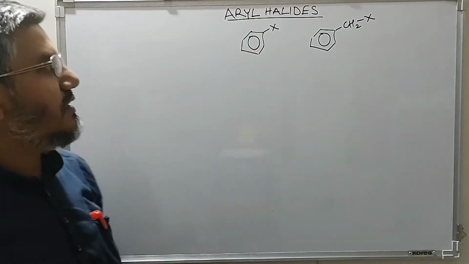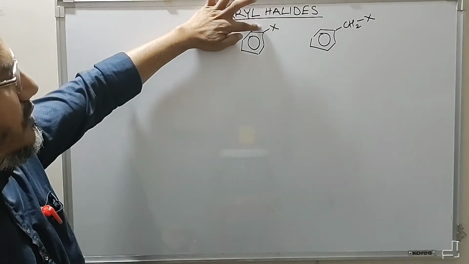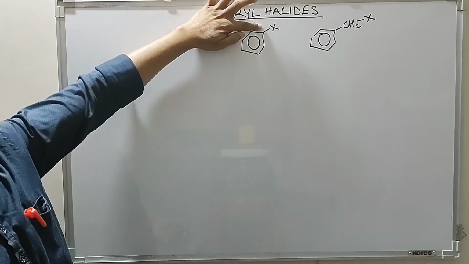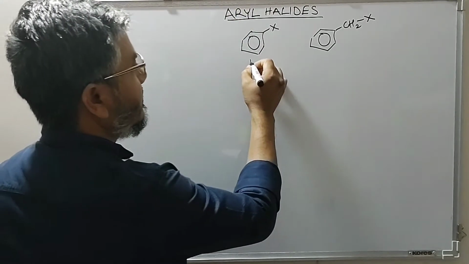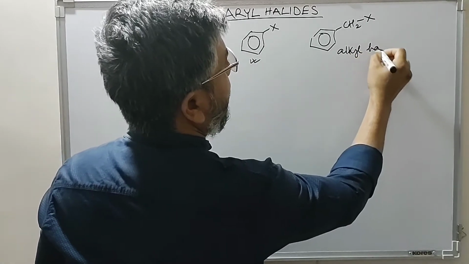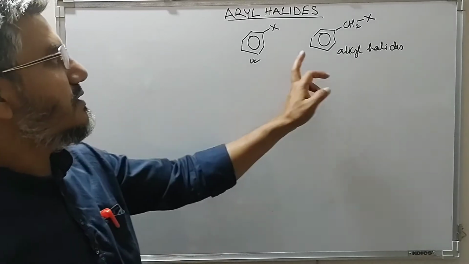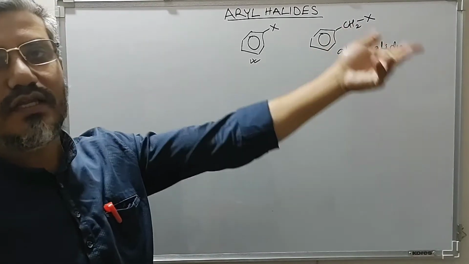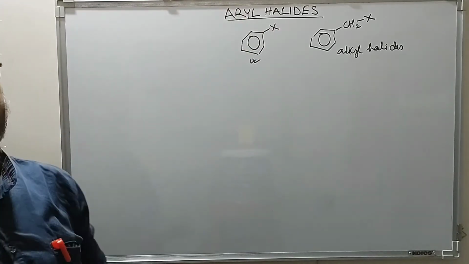Whereas in the first class, the halogen is directly bonded to the sp2 hybridized carbon atom of the benzene ring. So we say this is an aryl halide, but this is an alkyl halide with a benzene ring as a substituent to the alkyl group. We are going to discuss these aryl halides.